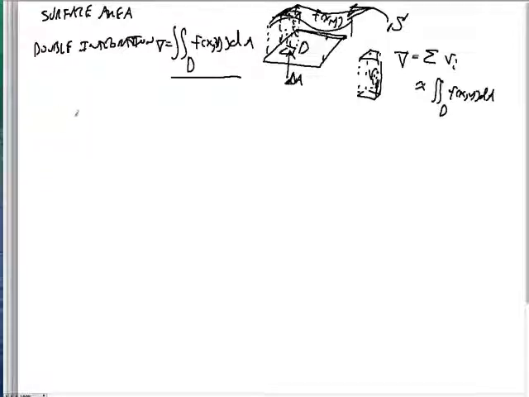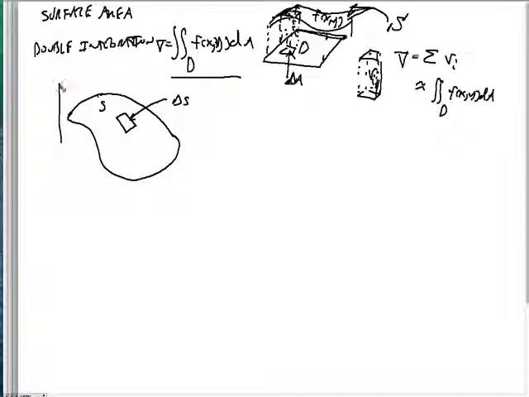So now we want to talk about some surface, and we think of a little patch there as being delta S. This surface lives inside three-dimensional space, since we're always embedding our surface in three-dimensional space. But it's still a fundamentally two-dimensional object.